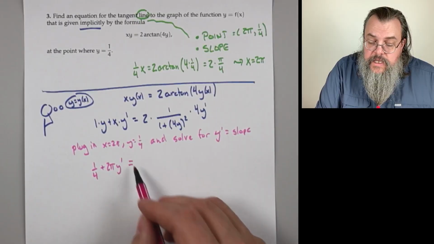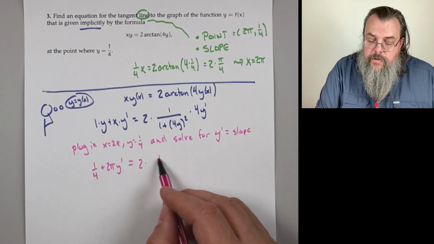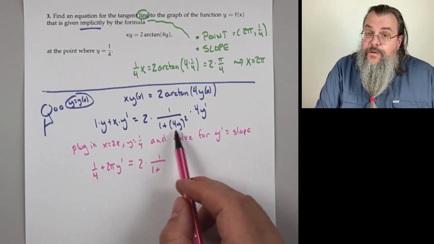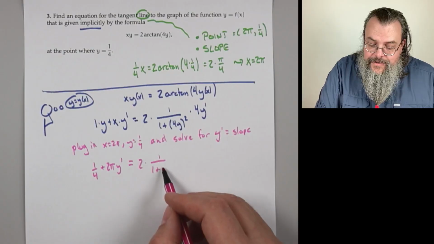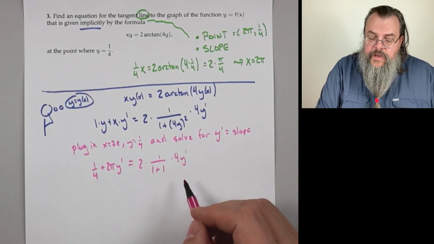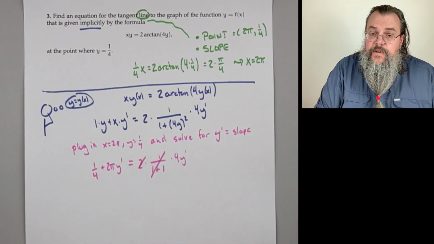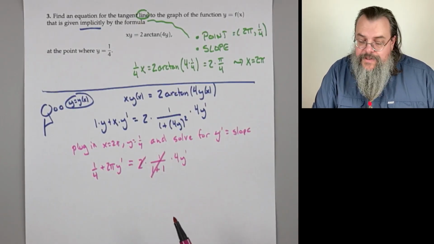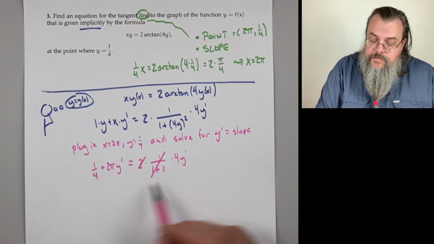That's going to be equal to 2, 1 over 1 plus 4 times y is, well, 4 times a fourth is 1. So 1 squared, 1, times 4y prime. Well, things simplify, right? The 2 and the 1 over 1 plus 1 will cancel out. And then we can say, okay, well, subtract.